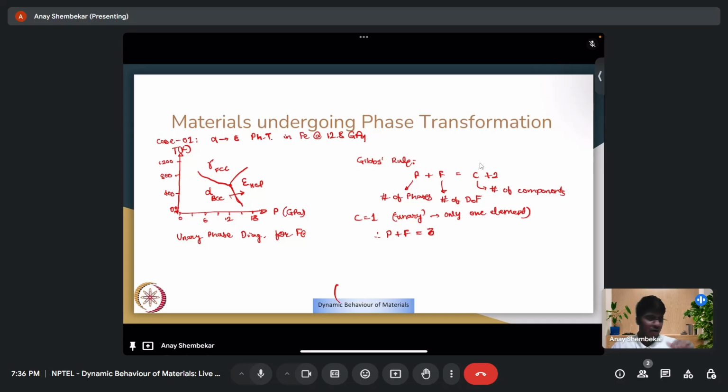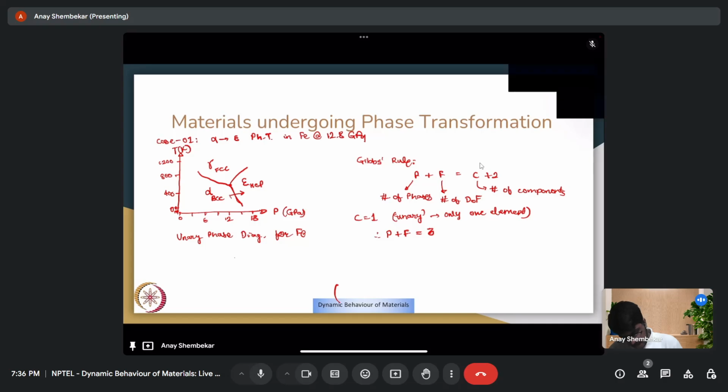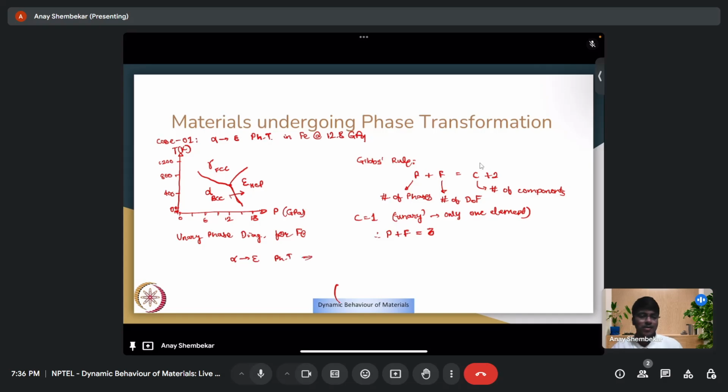When a shock wave is passing through in the alpha to epsilon phase transformation, it is seen that there is a volume reduction associated. Delta V by V naught is equal to minus 6.5%.